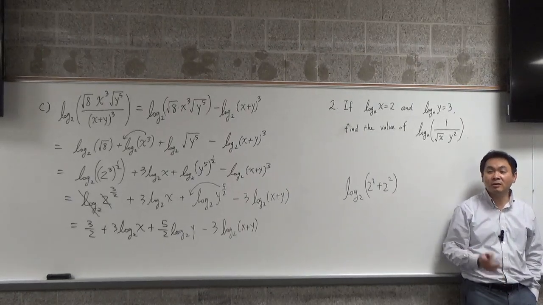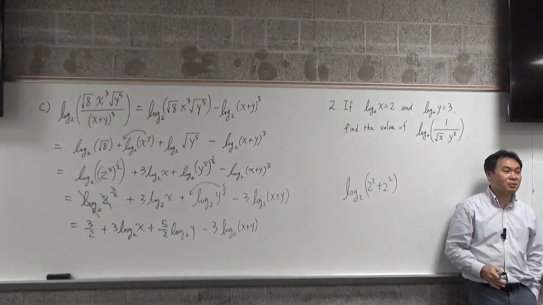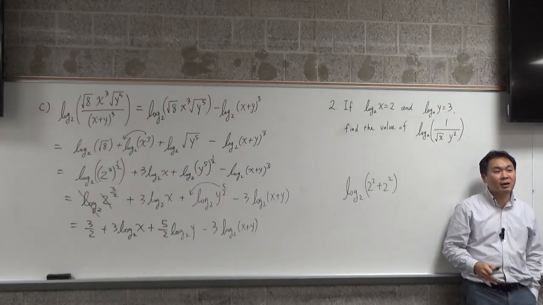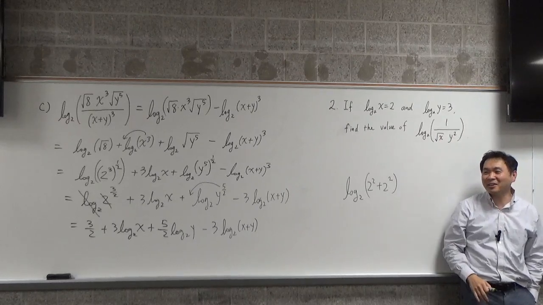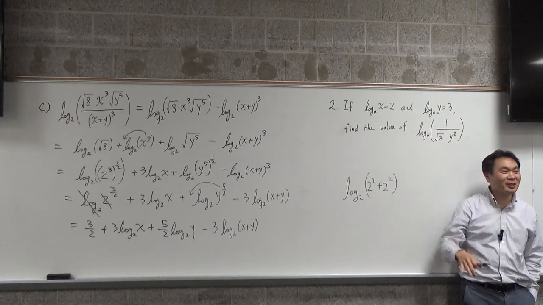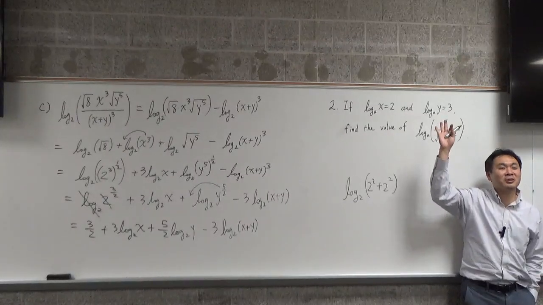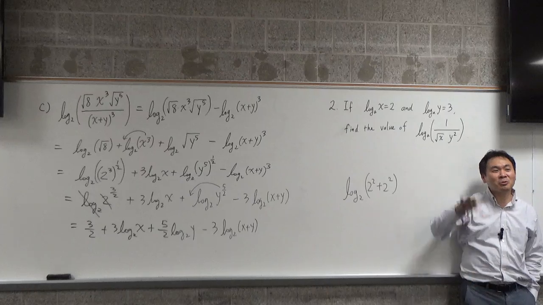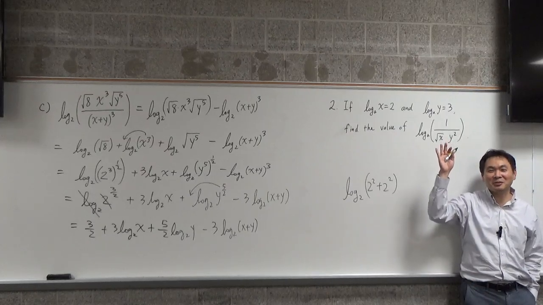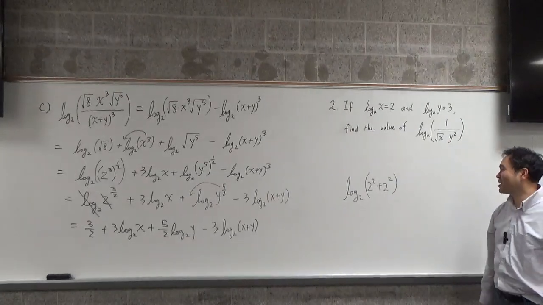How many of you say 4? No one. Somebody said 8. Of course not. How many say 3? Somebody said 3. A few people. How many of you don't know what this is? That's not good.